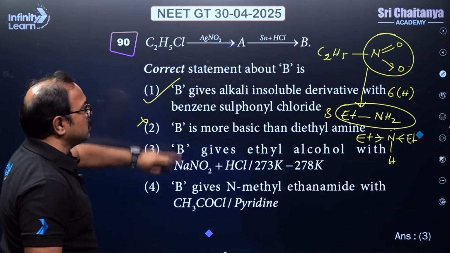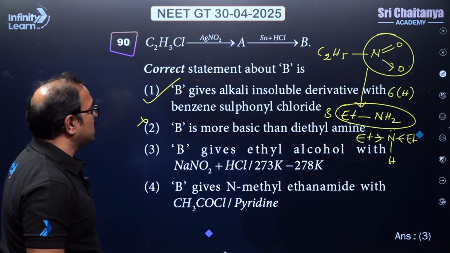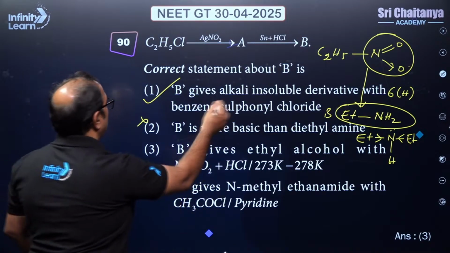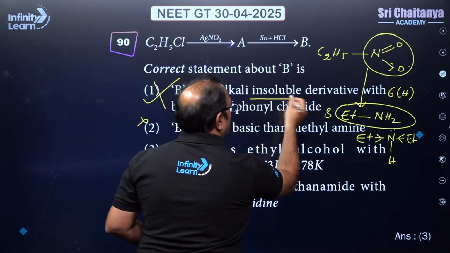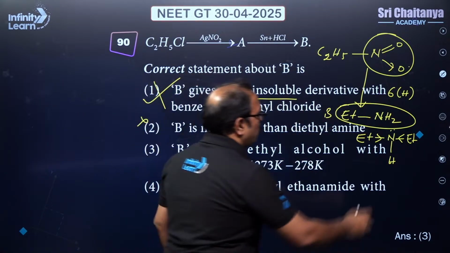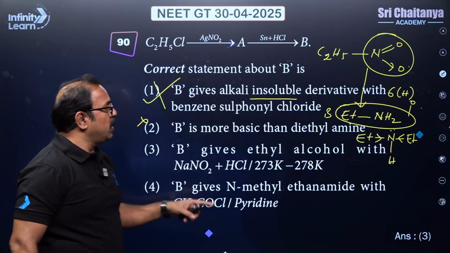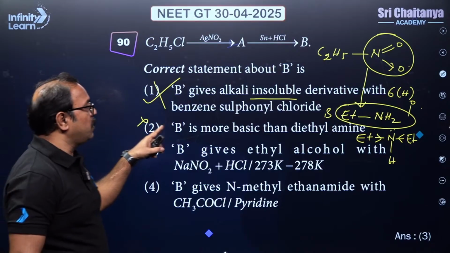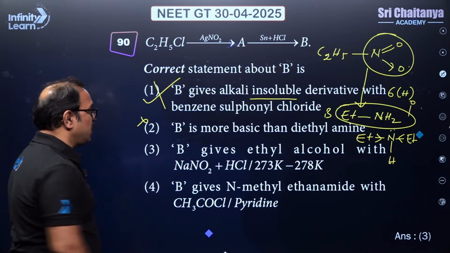B is not more basic than that. Next, about the insoluble statement, I beg your pardon, this is also incorrect because it gives a soluble derivative. I was talking about primary amine, so it gives a soluble derivative. Secondary amines give an insoluble derivative. Tertiary amine of course doesn't react with Hinsberg reagent. So both of them are incorrect.